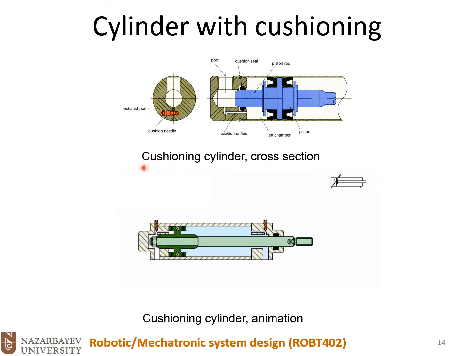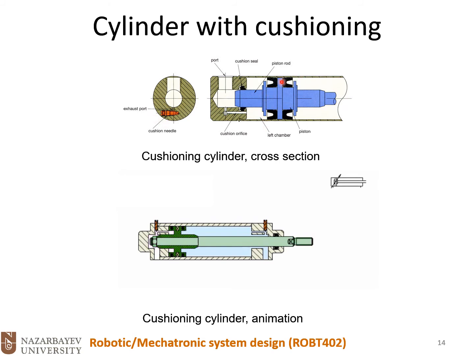Here, let's look at the cross section of one cylinder with the cushioning. Here again, you see this piston rod, or kind of a bulge on the piston. Here we have this small chamber, and we have a cushion orifice here, and a set screw. This is a set screw.